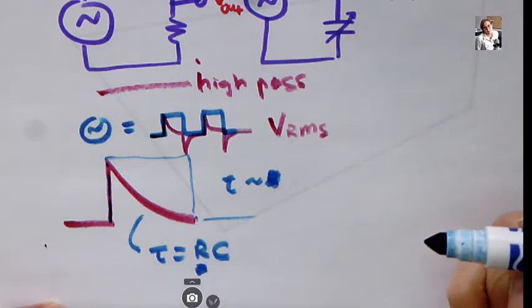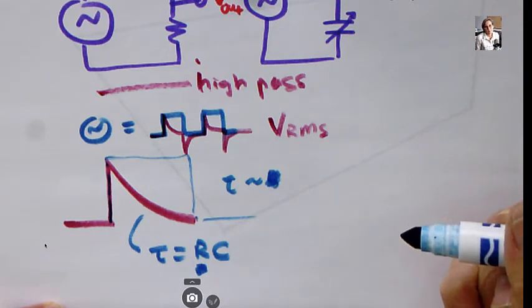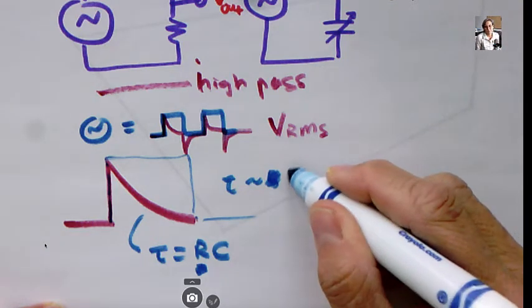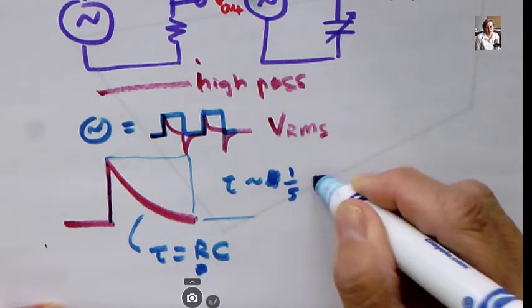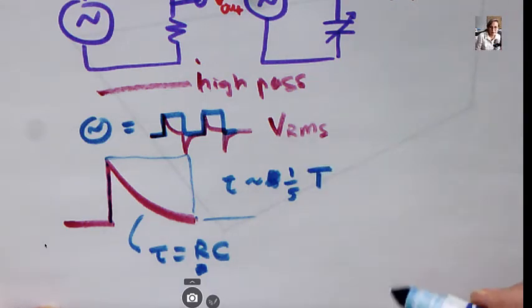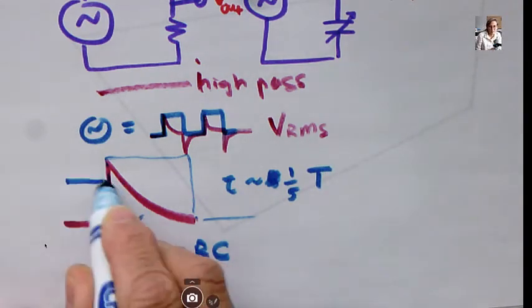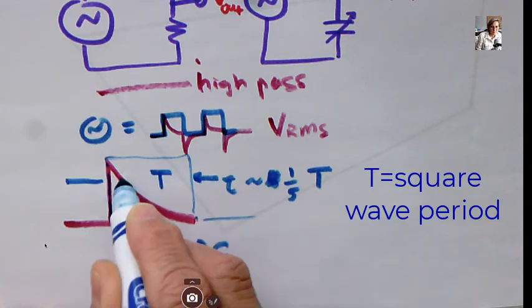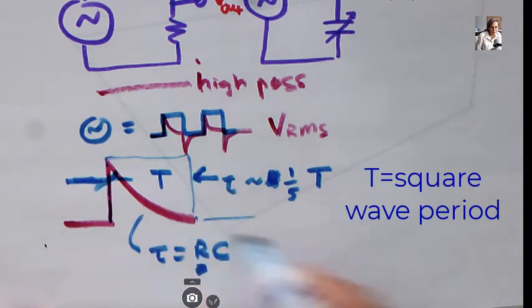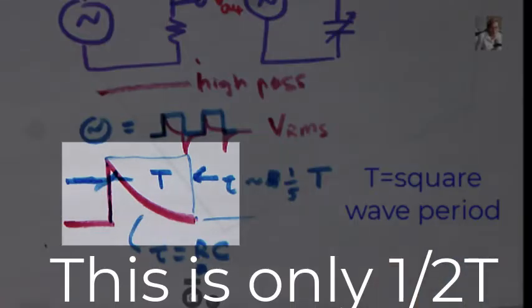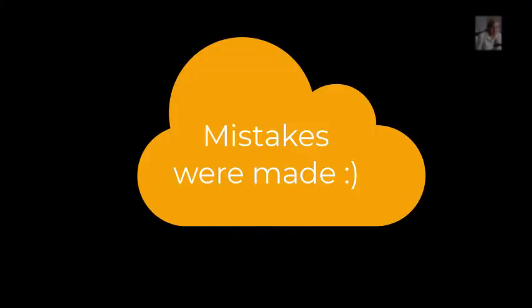So we want this tau value to be about 1/5 the size of this half square wave. So the tau that we want to design for is going to be 1/5. This should actually say 1/2 T, because we know that this is just half of the period of the whole square wave.